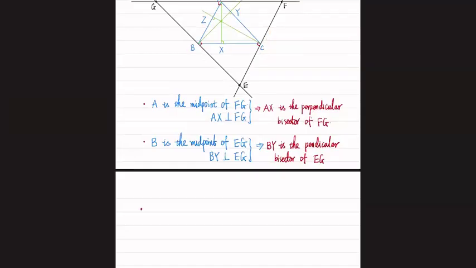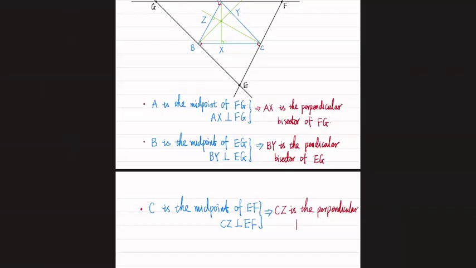Same argument, similar conclusion. CZ is perpendicular to EF, so we get another perpendicular bisector of EF.